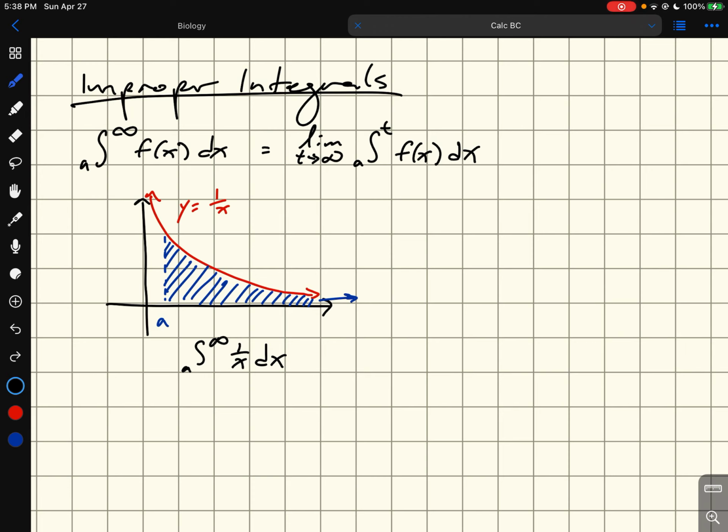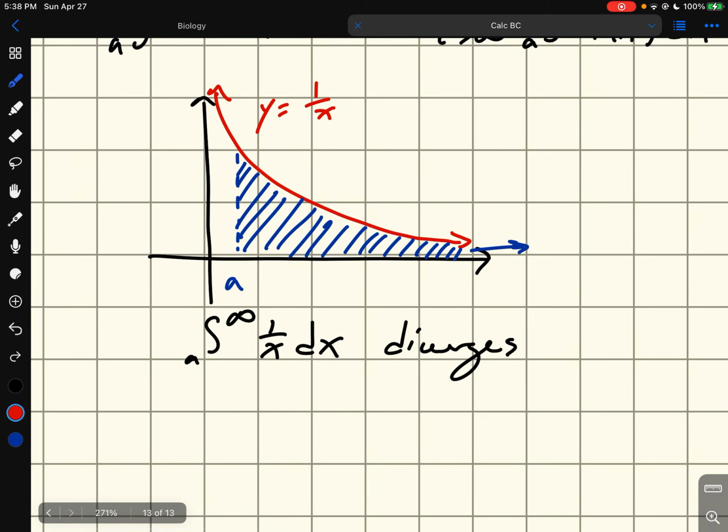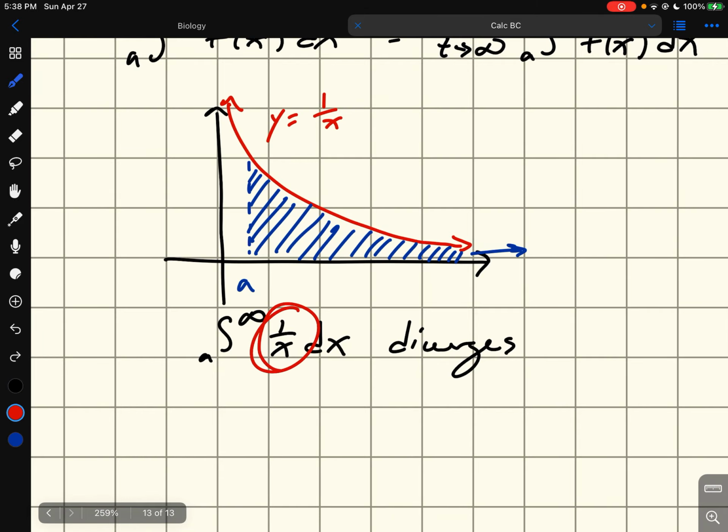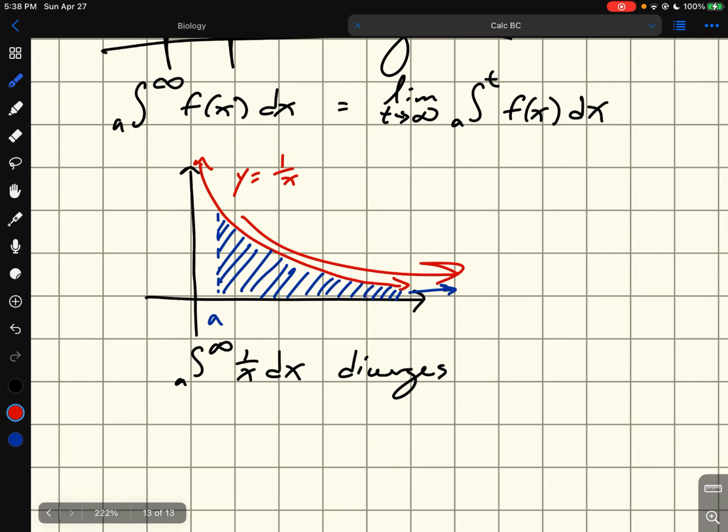That's also what it's called. Diverges. And the reason is because this denominator does not increase fast enough to make this fraction approach 0 as you go out towards infinity.